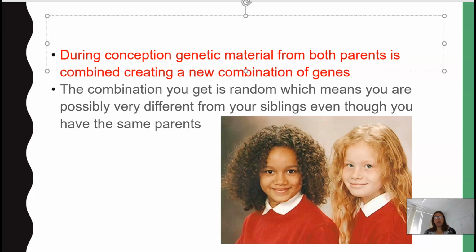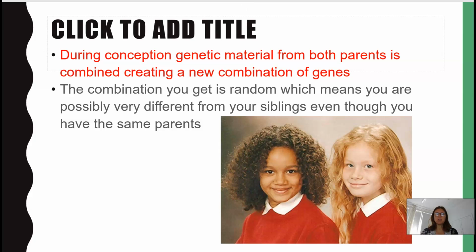Here we have a set of twins, and you can see that they are very different from each other in terms of skin color and hair color. Why might that be? We're going to talk about recessive and dominant traits, and that might provide you with a little more insight.